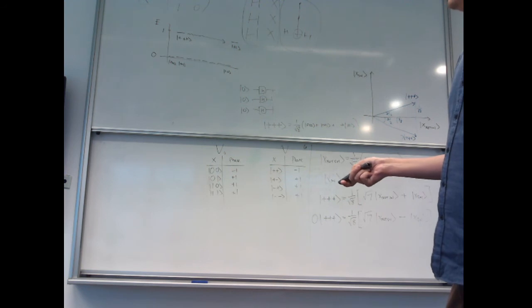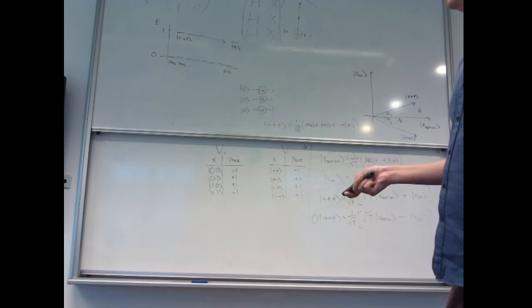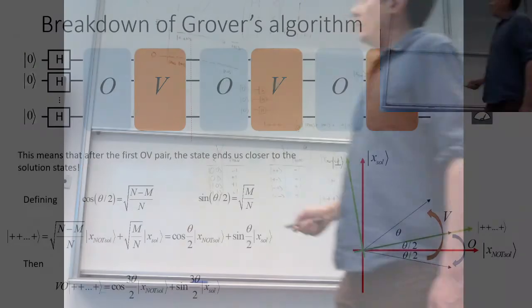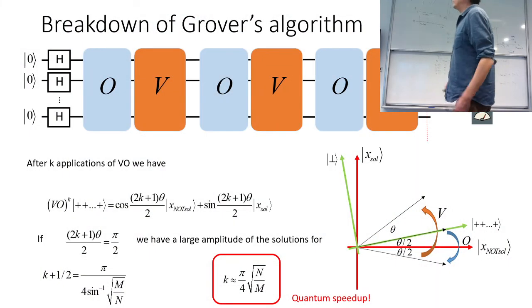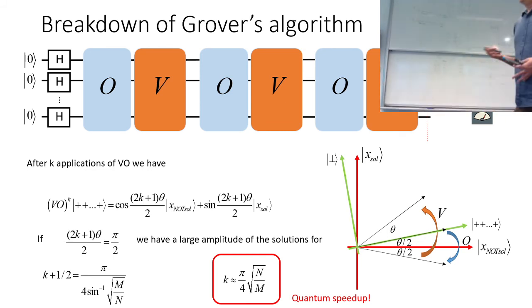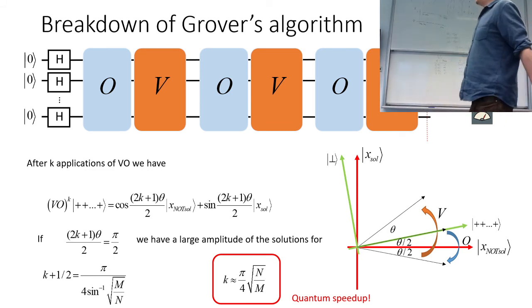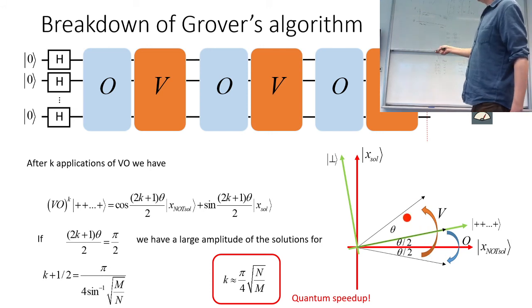Initially the angle was theta over 2, and then after the VO operation it will be 3 theta over 2, just looking at this diagram. And the pattern then repeats itself, because you can just work it out according to what the combination of these two reflections is.